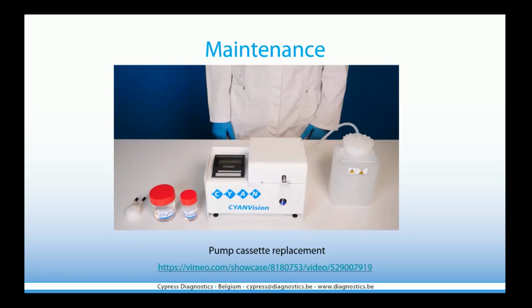The reason was that the tubing that we provide is sometimes a bit more stretchy and sometimes a little bit less stretchy, and then a calibration is needed. What we did with the CYANVision is we provide you with a pump cassette. I will show you a video to replace the pump cassette, and then you do not need to touch the other tubings, and the calibration is done automatically.